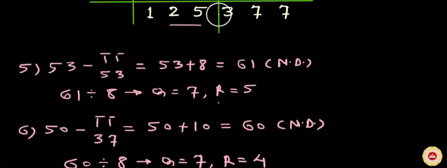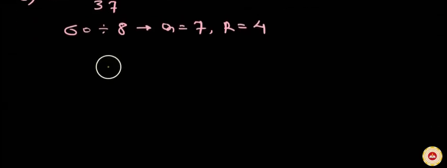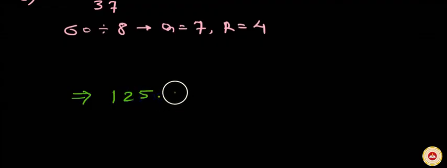125, see this decimal line, give a decimal point here: 125.377. This is the final answer; final answer means the quotient.